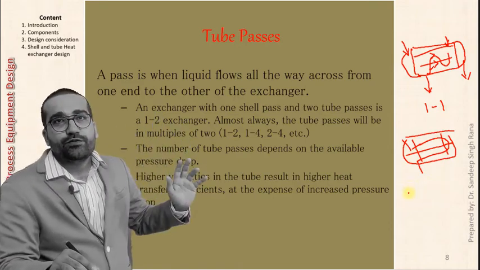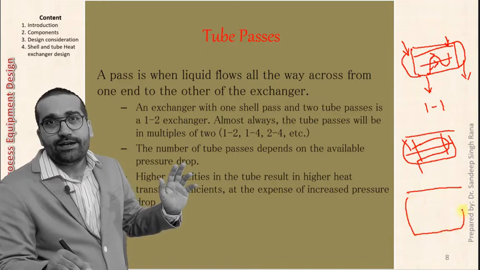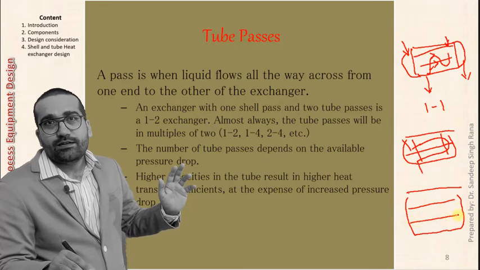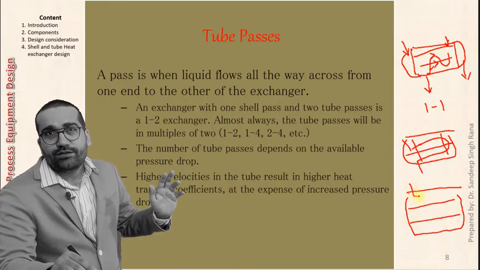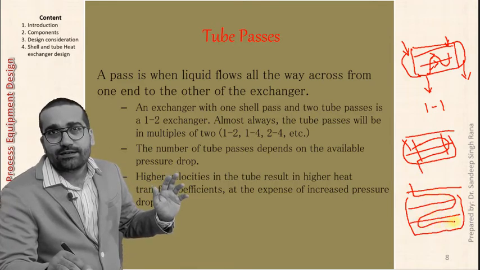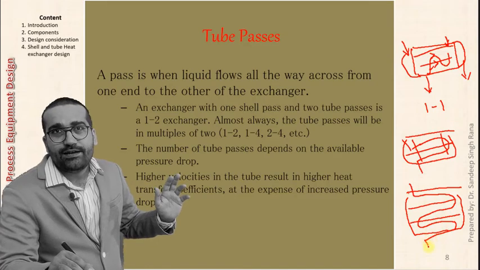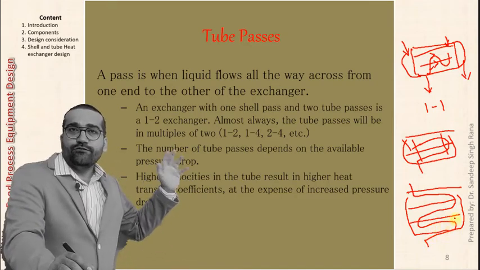Similarly, if we go for 4 pass, then we divide our shell in 3. So our tube side fluid will travel like this, like this, like this, and it will end here. So this is 1-4.